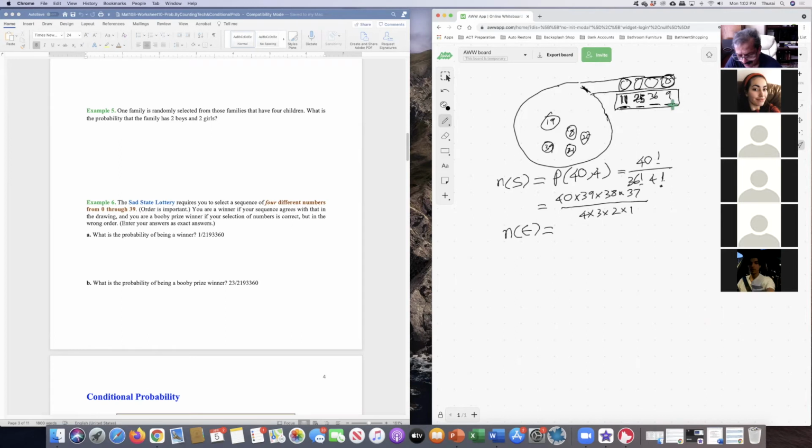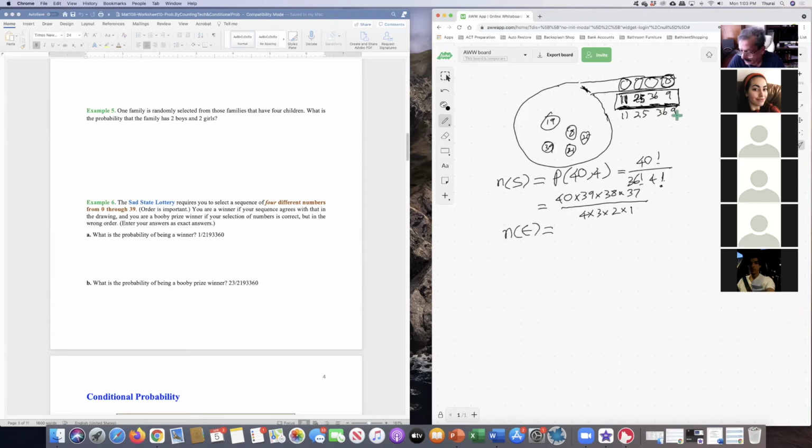The wrong order means you don't win. All the numbers you chose have to be there in this list, and they have to be in this order. When you play this, you actually fill out a form, you write down exactly what numbers you chose. And those numbers have to match exactly this. Only if it is 11, 25, 36, and 9 in that order, then you win.